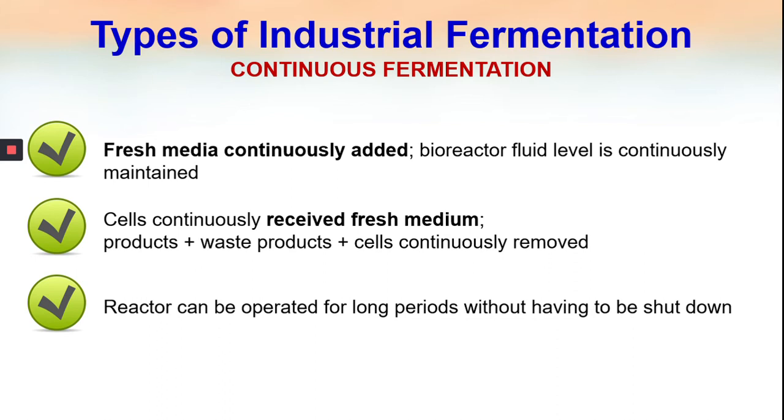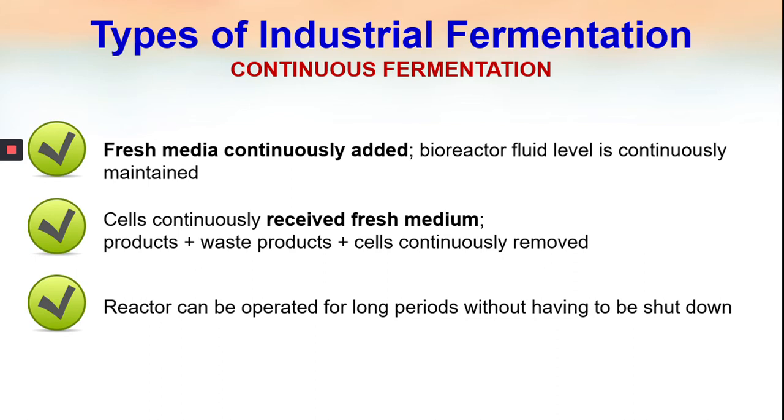Why do you need to withdraw the same amount? Because we want to avoid overflow from the tank. Overflow will disturb the optimum level of volume inside the tank, and hence will interrupt the process of fermentation.